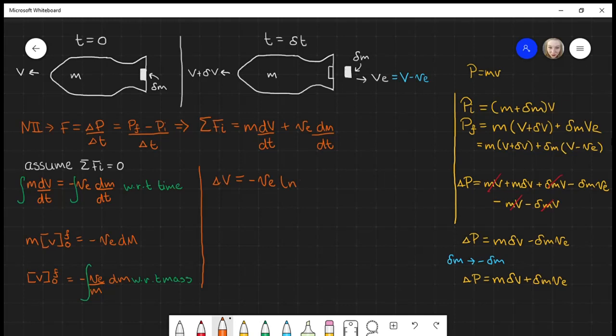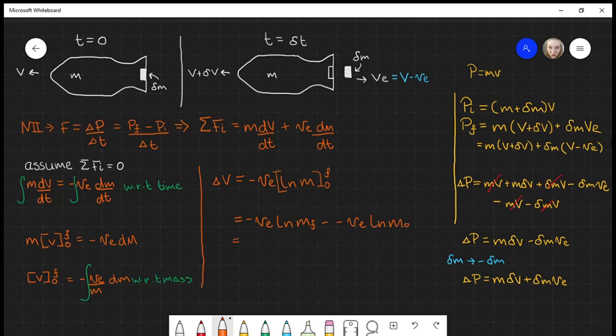ln m between final and initial. Using logarithm rules, expand it out, so it's mass final minus mass initial.